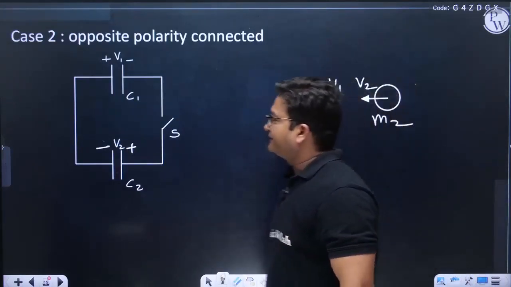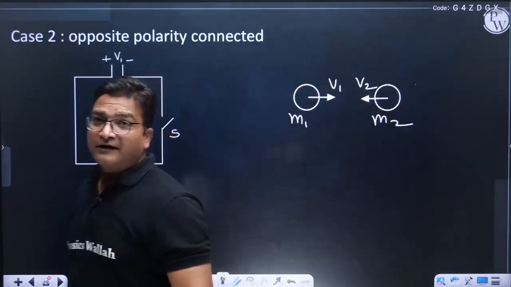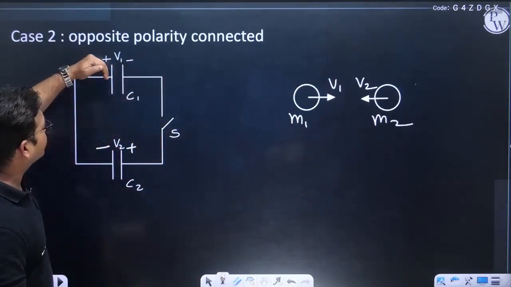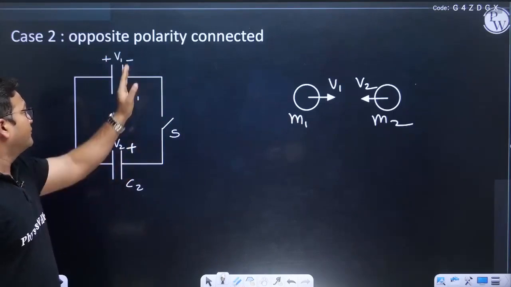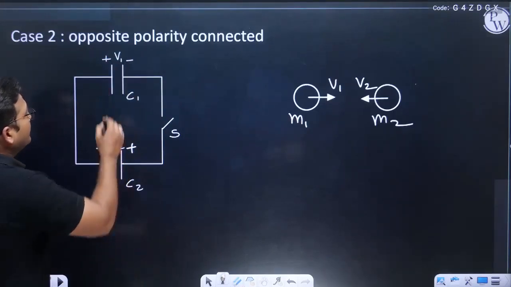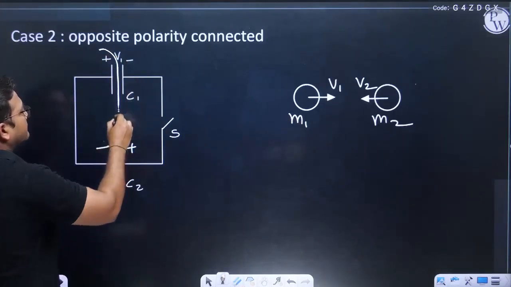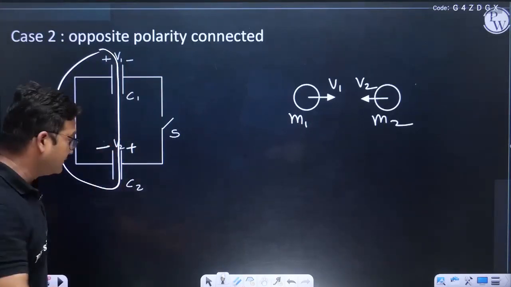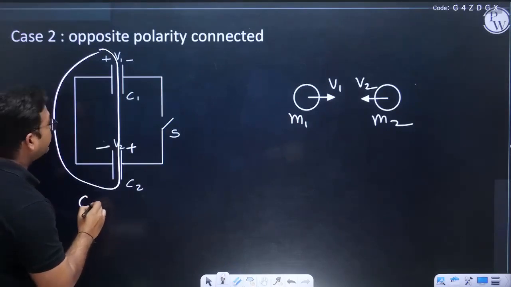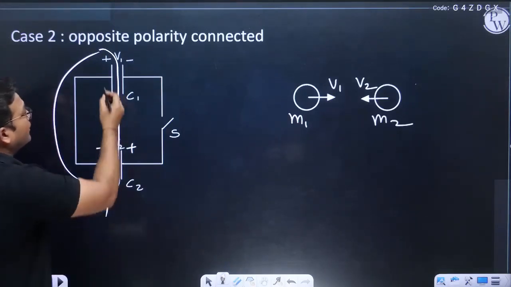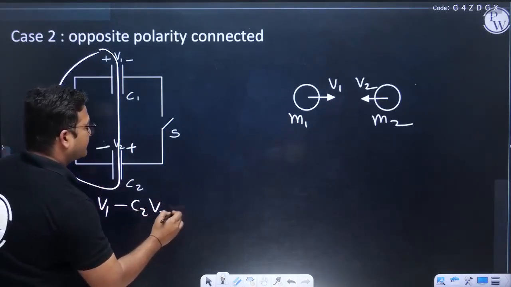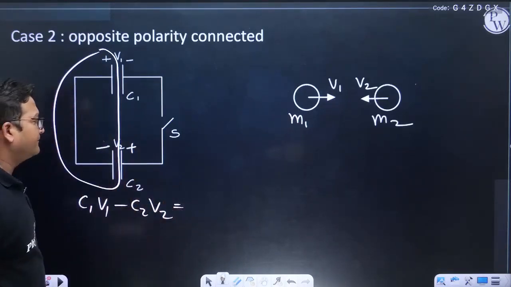It's the second case, when opposite polarities are connected. Here we connect positive plate to negative plate and positive plate to negative plate. If you look at the left side, the total charge that will remain conserved is positive C1 V1, negative C2 V2. This is the charge on the left side.